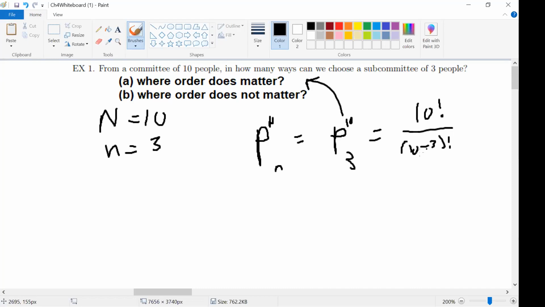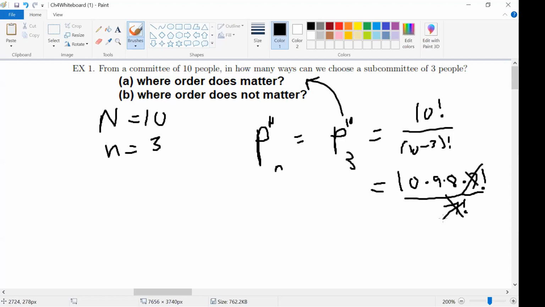Now I'm going to do a little bit of an algebraic shortcut. 10 factorial is equal to 10 times 9 times 8 times 7 times 6 times 5 times 4 times 3 times 2 times 1, which is 7 factorial. Don't worry, I'll write down the general formula for this in a moment. And 10 minus 3 is 7, so 7 factorial. Instead of having to calculate this all out, we just cancel out our 7s. So these just cancel out.